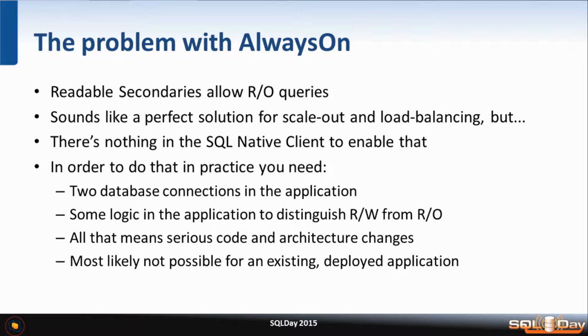Right? Assuming you actually own the source code, because what if it's a third-party application? They'll just tell you, well, no, we don't have any plans of supporting this or implementing anything like that, so we're just going to stick to 1 server. So that's the problem with Always On.